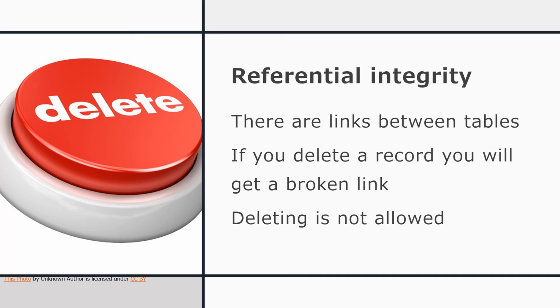Now, if you delete a record, for instance, you accidentally or on purpose delete a customer record, that link will now lead nowhere. And I've written deleting is not allowed. That's a bit strong, but deleting is generally avoided in a relational database as long as there are any links to the data. We tend not to delete it.